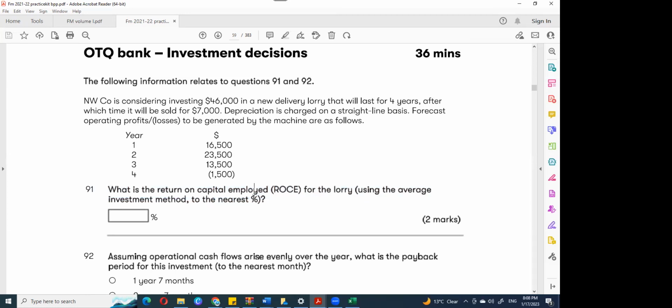NW company is considering investing 46,000 in a new delivery lorry that will last for 4 years, after which time it will be sold for $7,000. Now, students, the depreciation charge is on a straight line basis. Forecast operating profit or loss is as follows.